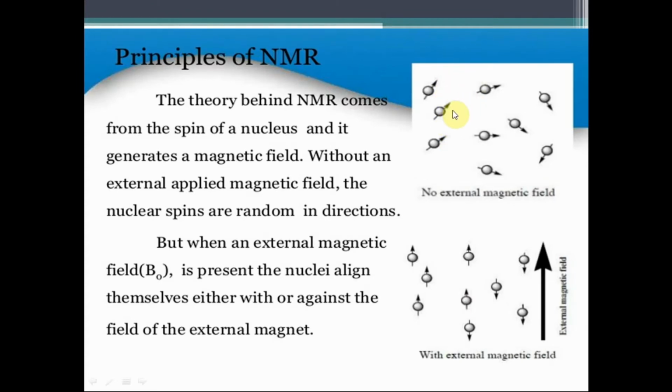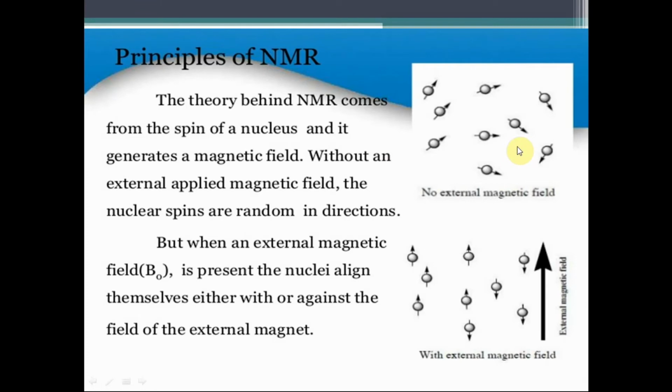In this chapter we discuss only the hydrogen nucleus. Suppose there are 9 hydrogen nuclei. They can be arranged in any direction, in a slanting position, downward direction, or any direction.